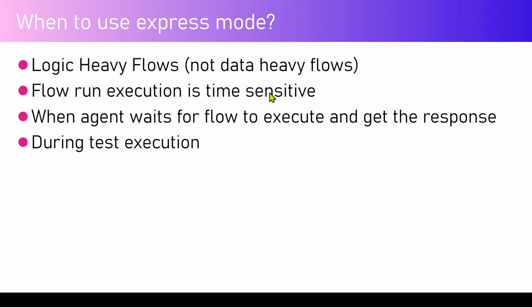Flow run execution is time sensitive. So again, it translates to the same thing. If it is time sensitive, then definitely you need to use the express mode. Also when the agent waits for the flow to execute and get the response, and during the test execution. So that's all about express mode.